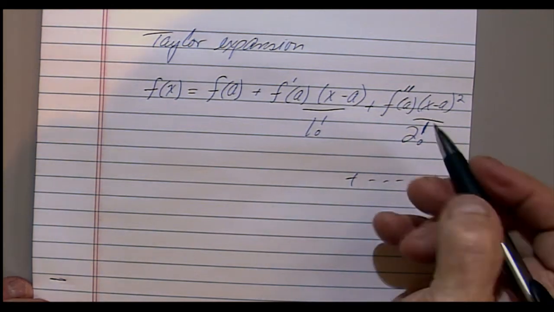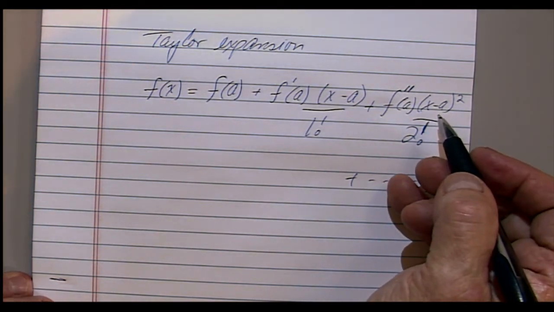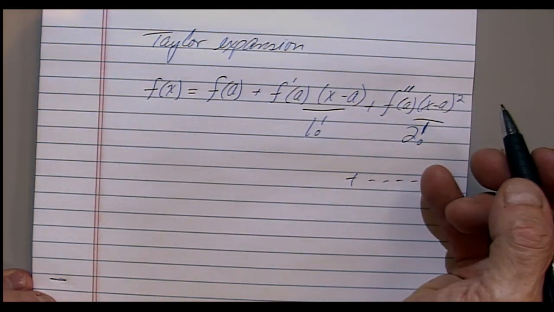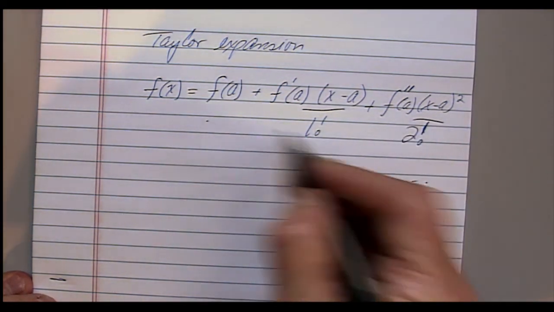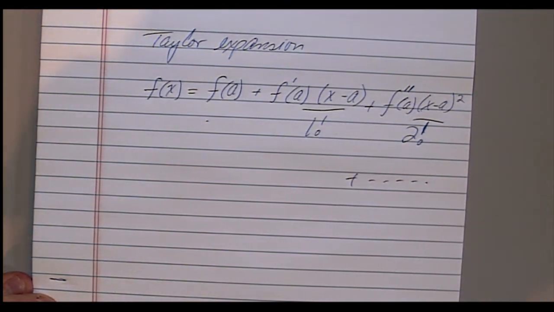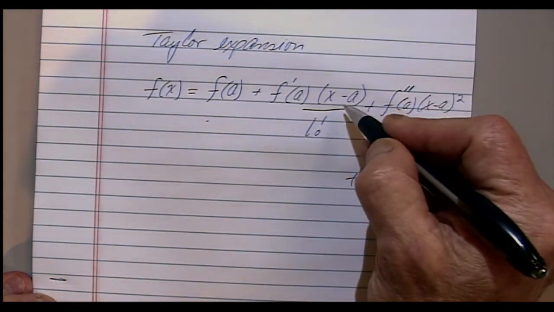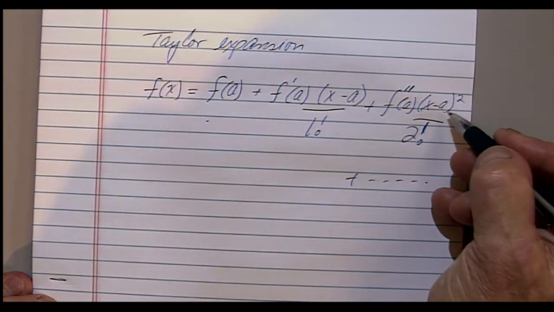If we make x minus a small enough, we can ignore higher order terms. We can ignore the second order term even, and we'll keep only the 0th order term and the first order term. We'll ignore the higher order terms because if x minus a is small, then x minus a squared must be extremely small.